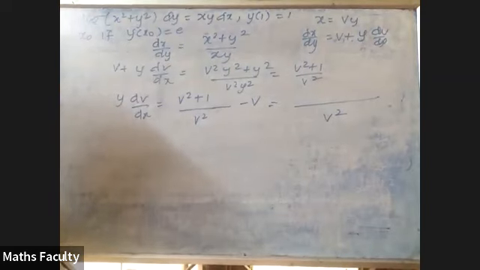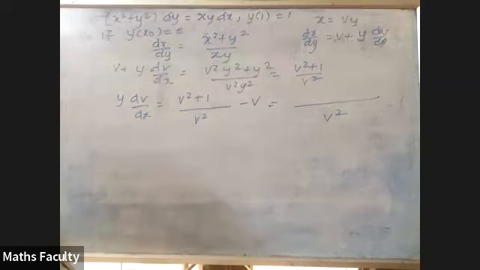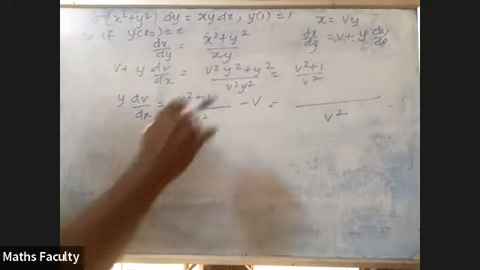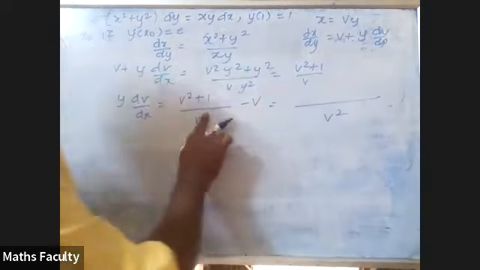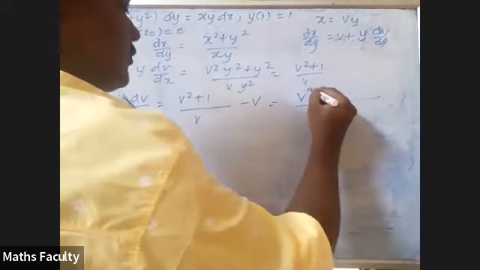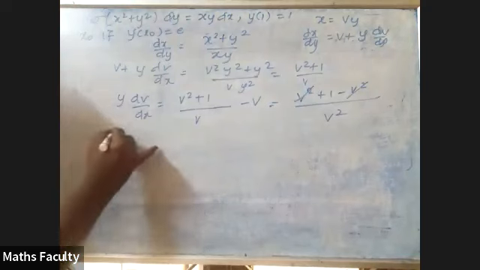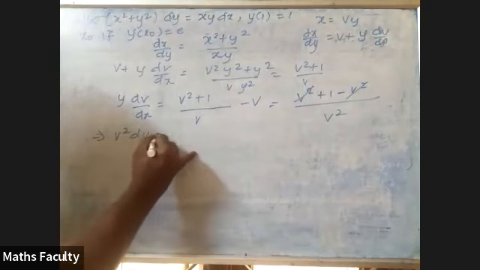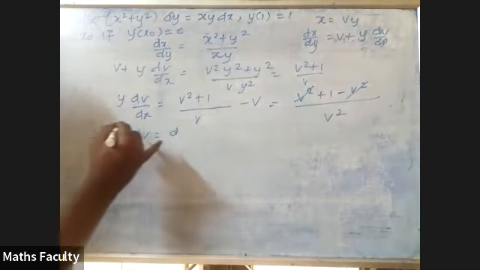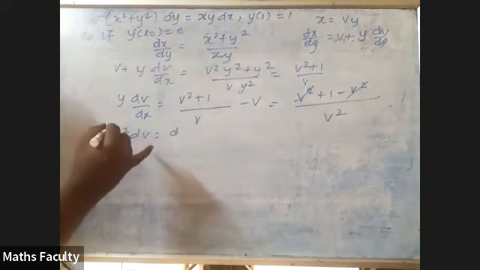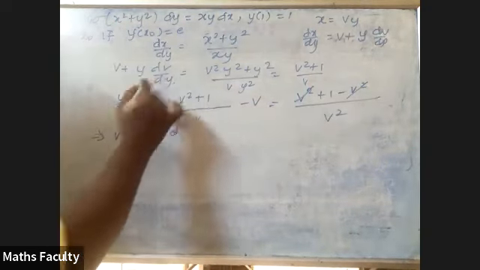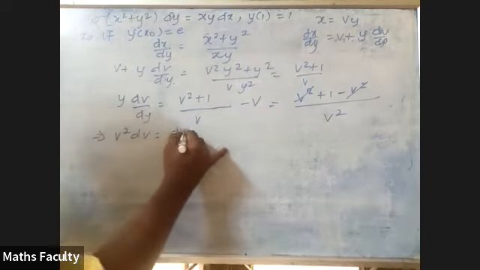Sorry, it will be v, not y v square, v. So that we can have v square plus 1 minus v square. Both will get cancelled. Separate the variables. v into dv equals to dy by y.